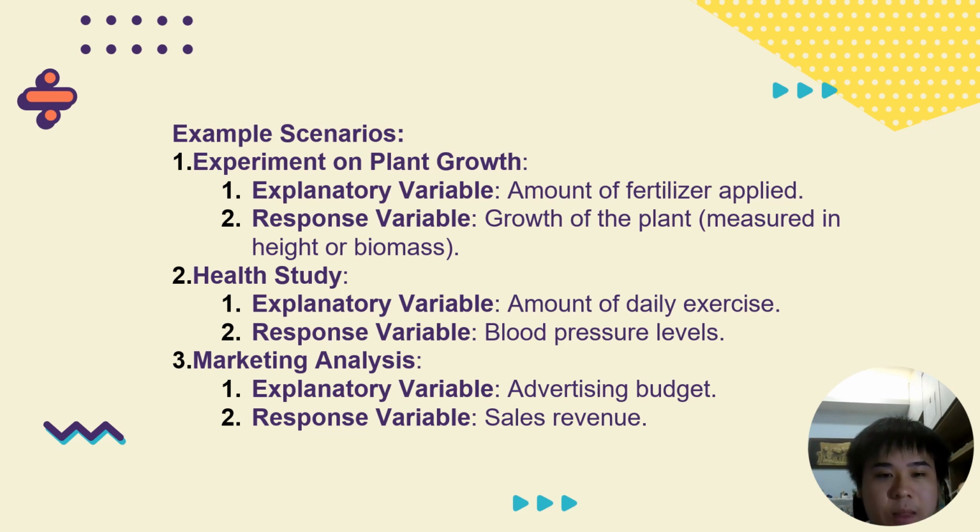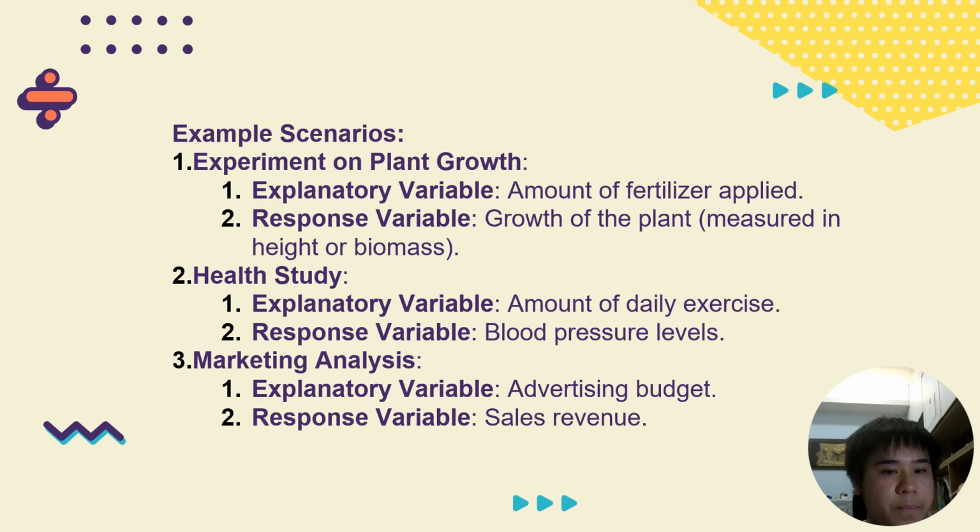For a health study, the explanatory variable will be the amount of daily exercise, and the response will be the blood pressure level, because that's what you're trying to find. For marketing analysis, the explanatory variable will be the advertising budget, and the response will be the sales revenue.